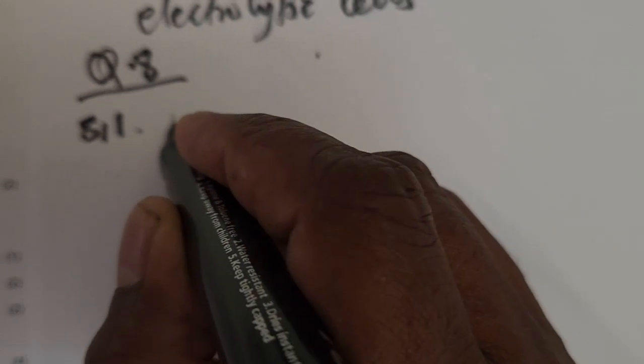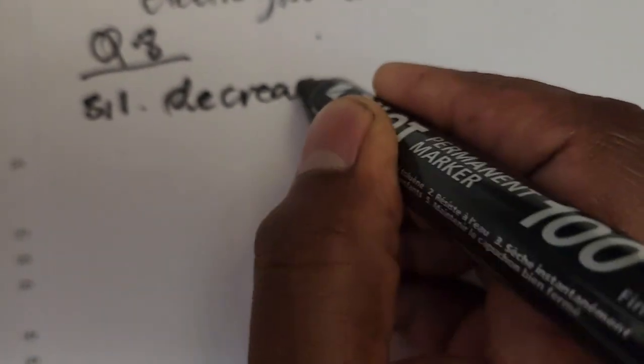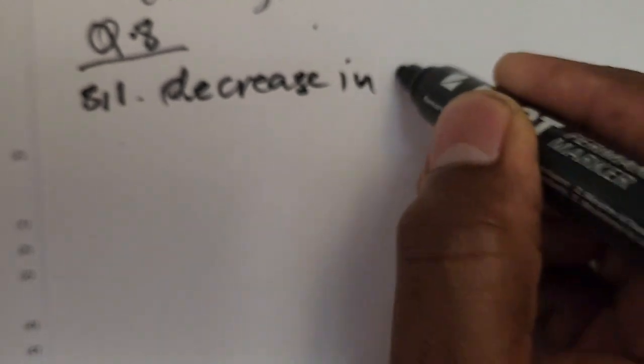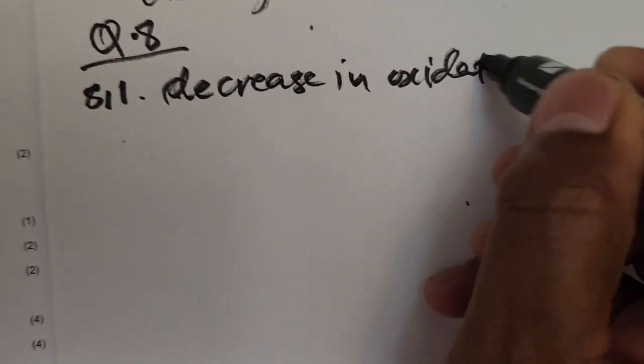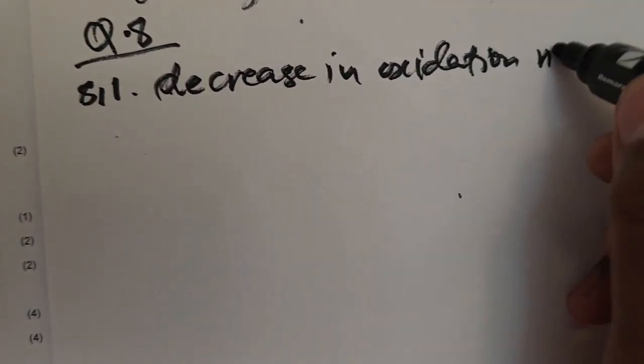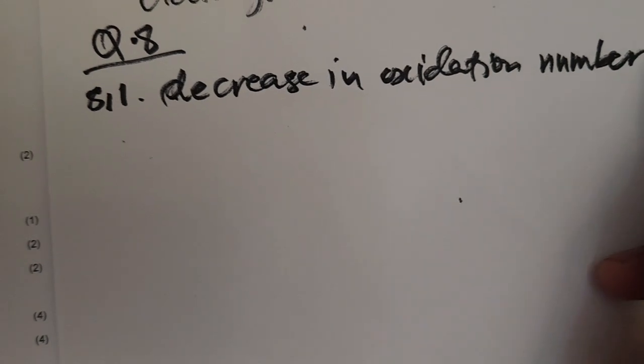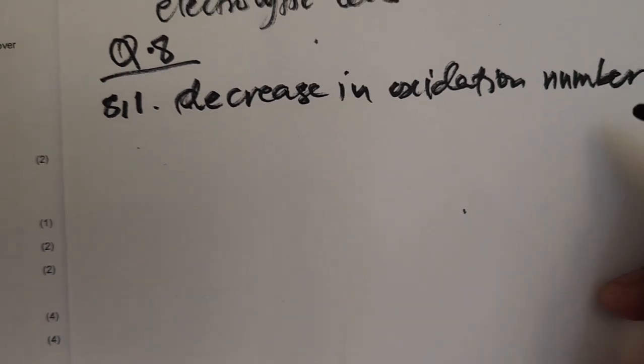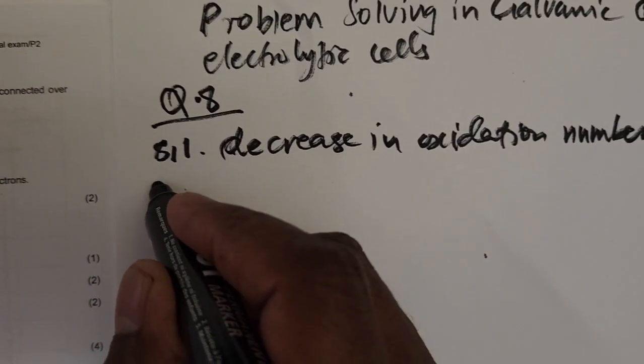Very important. It reminds us of grade 10. Reduction in terms of oxidation numbers will be a decrease in oxidation numbers. So decrease in oxidation number becomes the reduction.